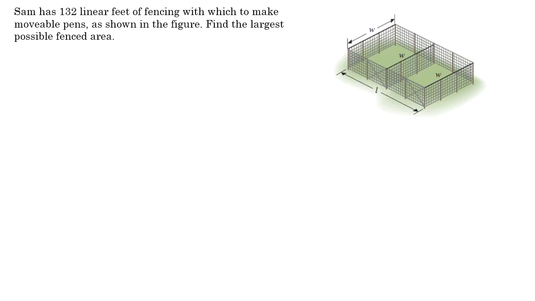All right, so what we're trying to determine is the largest area. So I think the first thing we should probably do is try to write an equation for the area of this pen. So let's take a look at what we've got over here. We've got really two pens, like as a footprint.